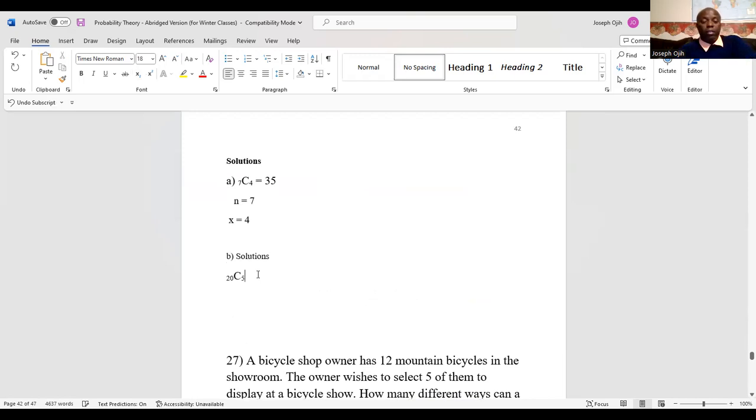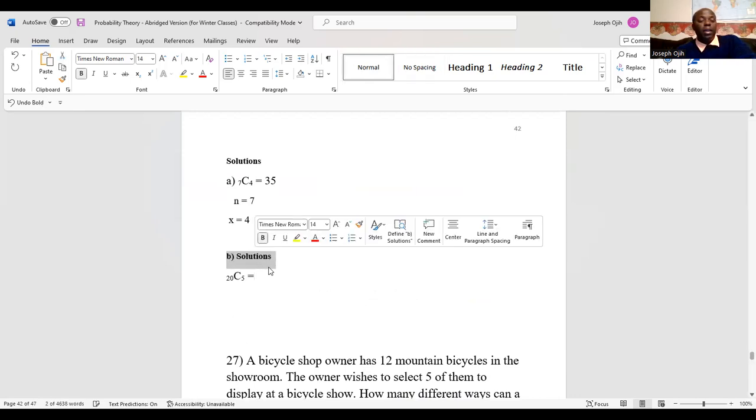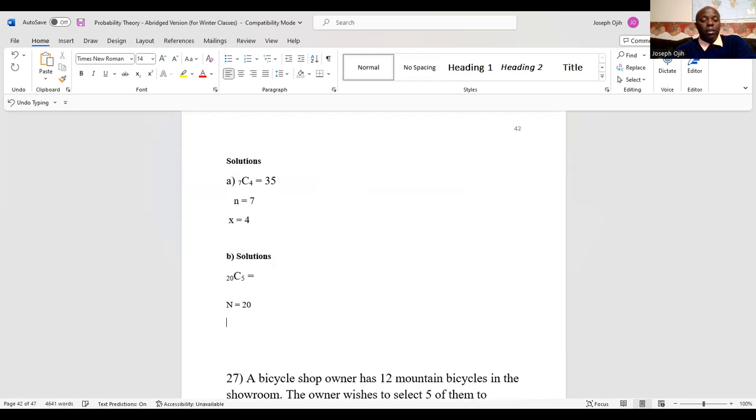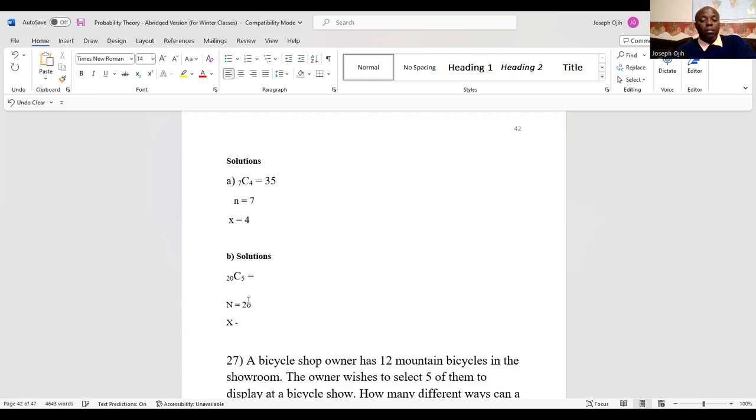In this case, our n is 20 and our x is 5.